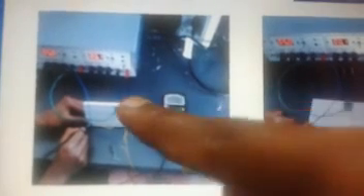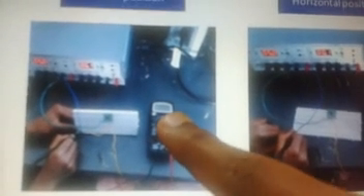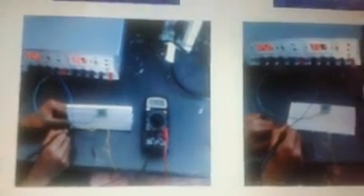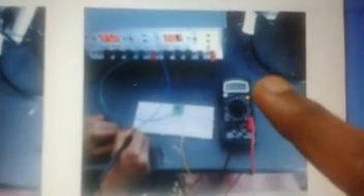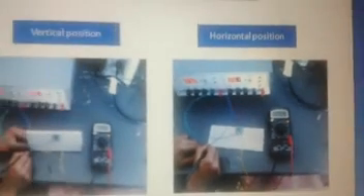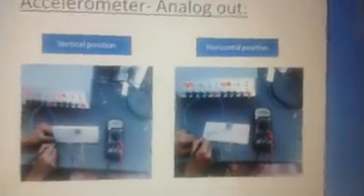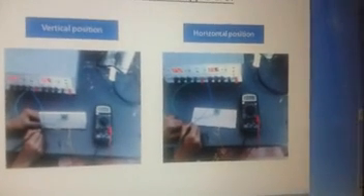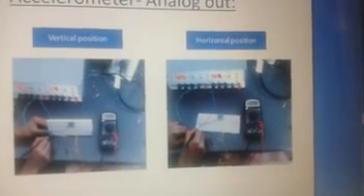In vertical position, for Z axis we get an analog output of 2.56, and in horizontal position we get an analog output of 2.39. In various positions we get various analog outputs. Mainly the maximum variation occurs in the Z axis, so we concentrate only on the Z axis for measuring the movement of the patient.